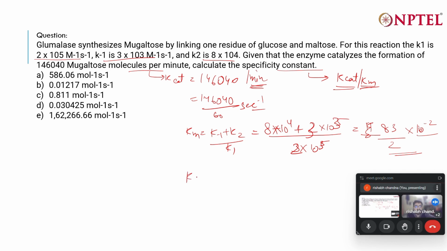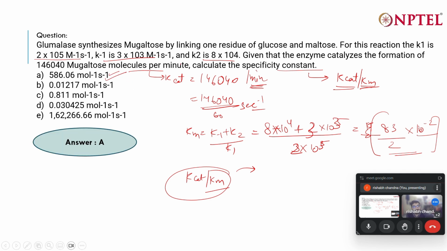Now we have to find the specificity constant, that will be Kcat by Km. So we'll just put this and this particular value and we'll get the ratio, and that would come around roughly 586.